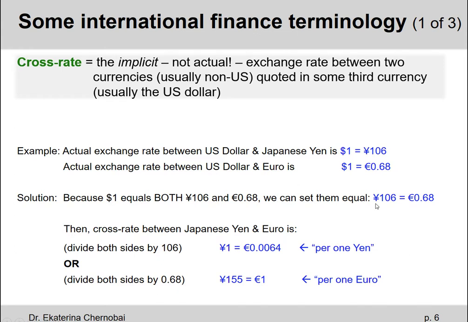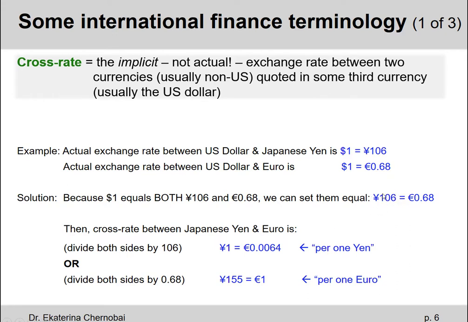Because what we want is to have 1 euro this time. So to kill 0.68 and have only 1, we need to divide by 0.68. And we divide both sides of this little formula, 106 and 0.68, by 0.68.